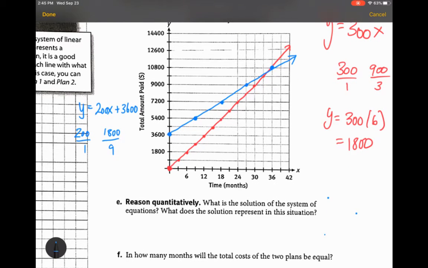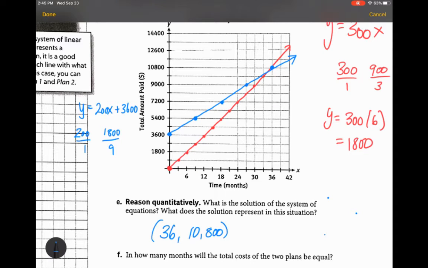Okay, so it says, what is the solution to the system of equations? So what's the solution here? Okay, 36, 10,800.